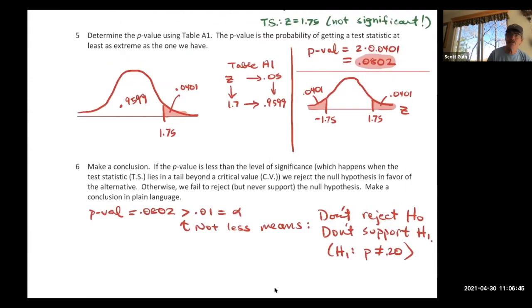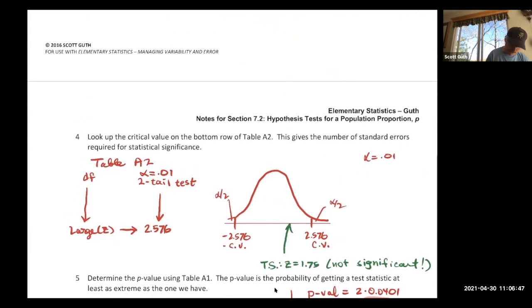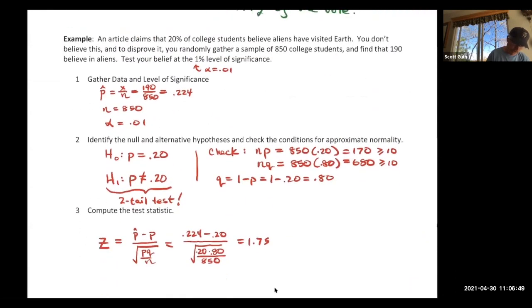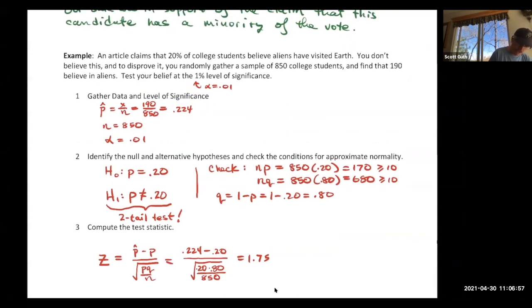Which is all to say, again, if you go back to the very beginning, we got this sample proportion of basically 22%. They're claiming it's 20%, and you've got 22%. Well, all we're really saying is that's within the margin for error of 20%. So if you were to do a confidence interval on this 22.4%, the 20% would be inside the interval, which would say, yeah, it could be 20%.